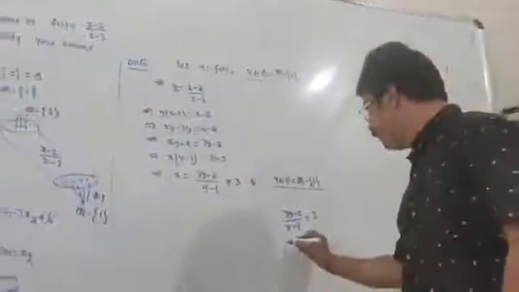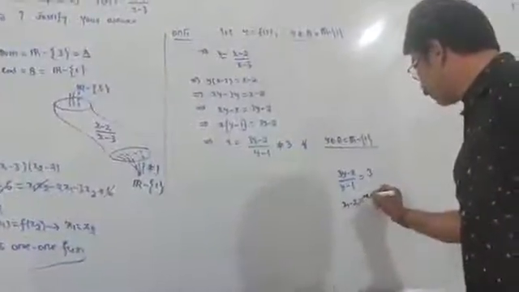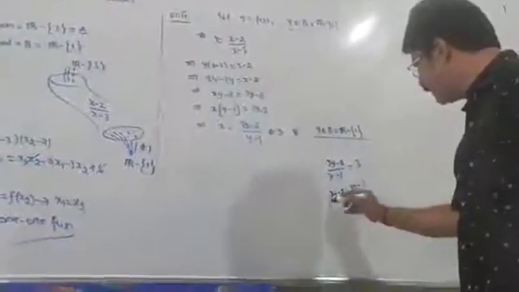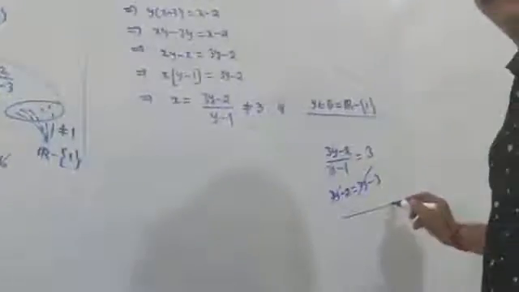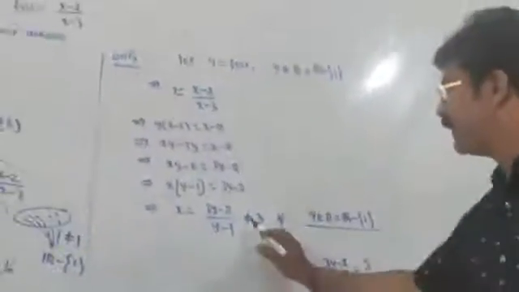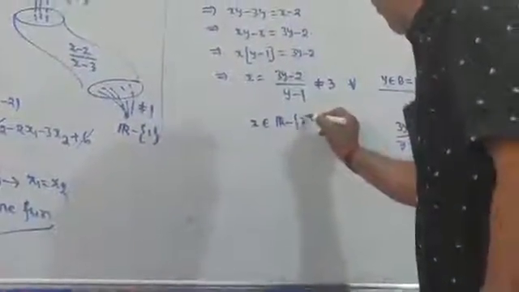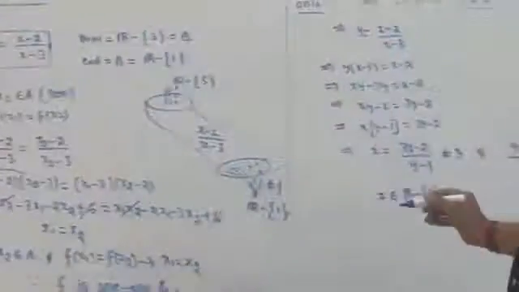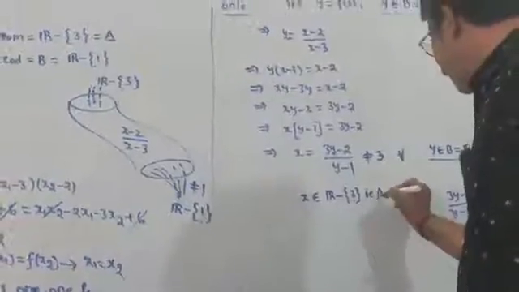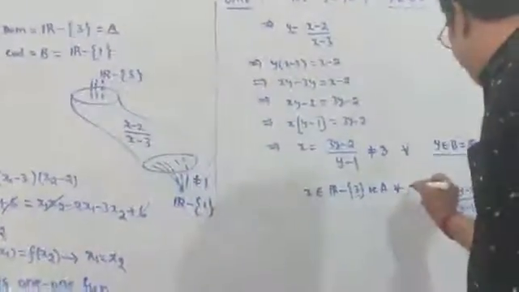Let us verify. 3y minus 2, cross multiplication, equals 3y minus 3. The 3y will be cancelled. So it is a meaningless statement. Understand? That's why I am telling that it should not be equal to 3. Should not be equal to 3 means x belongs to any real number except 3. R minus 3 means capital A.